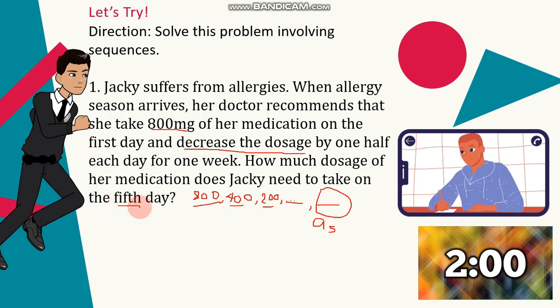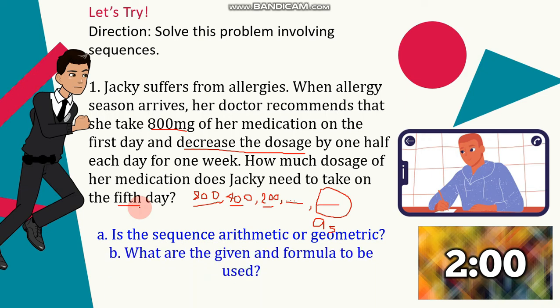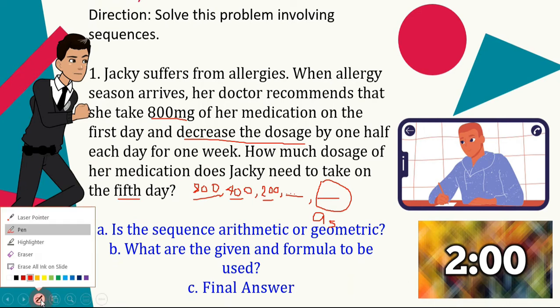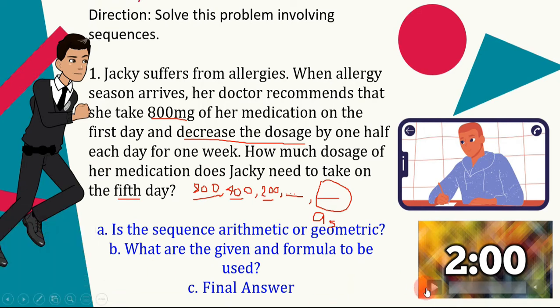So, para ma-solve po natin yung problem na yan, kailangan po nyo itong sagutan muna. Ayan. So, yung sequence by arithmetic or geometric. Ano yung mga given at ano yung formula na gagamitin? And, ano yung ating final answer? So, timer starts now.